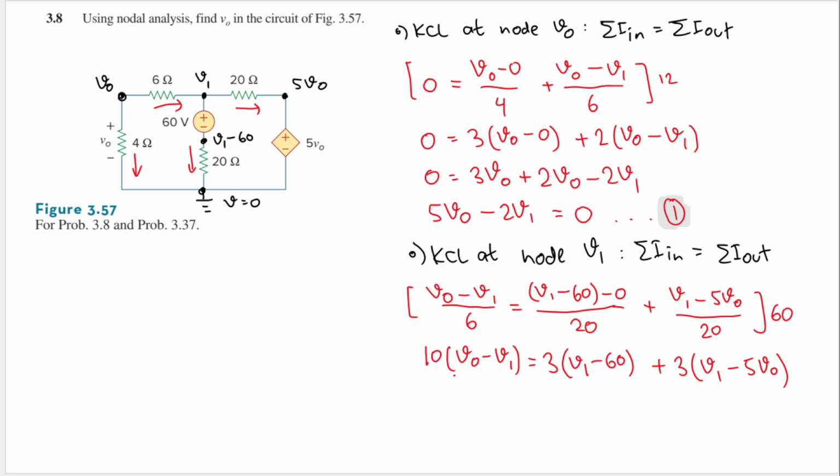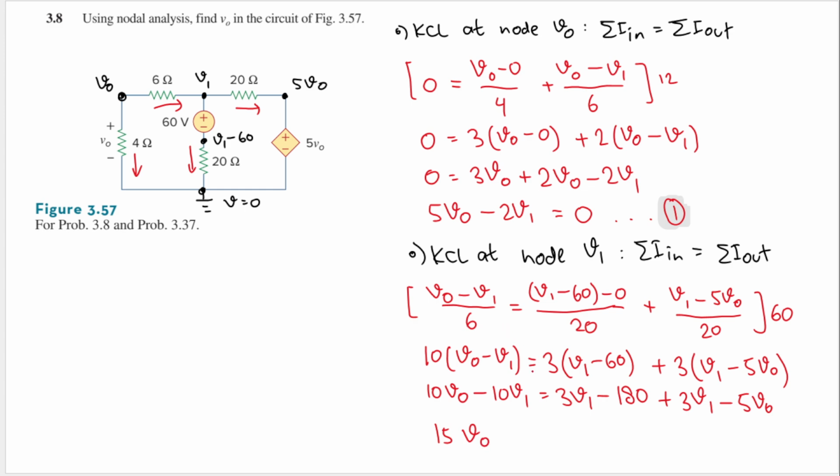Okay, that's good. Let's distribute this. So I will have 10V0 minus 10V1, and then on the right, 3V1 minus 180, and then 3V1 minus 15V0. Let's move the terms to the left hand side. So we will have 10 plus 5, that will be 15V0.